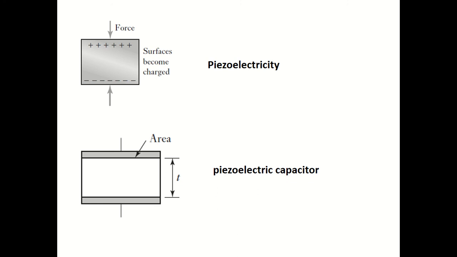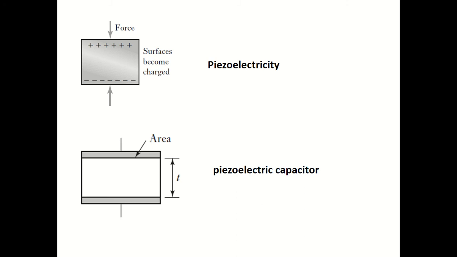Now, what is the basic principle of a piezoelectric sensor, or what is piezoelectricity? We know that piezoelectric materials, when stretched or compressed, generate electric charges, with one phase of the material becoming positively charged and the opposite phase becoming negatively charged.